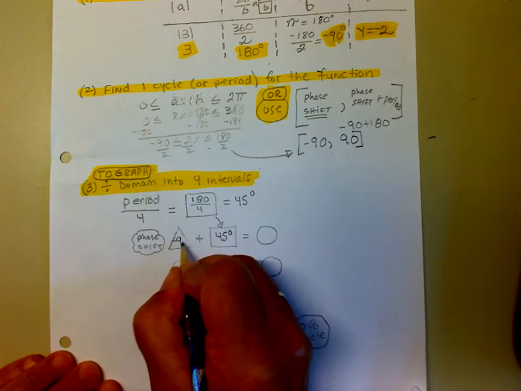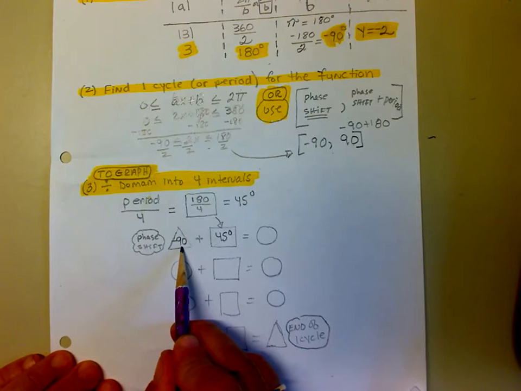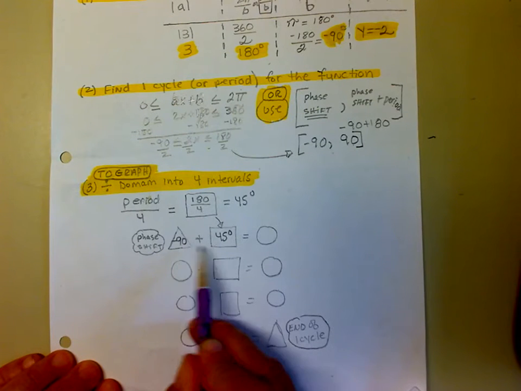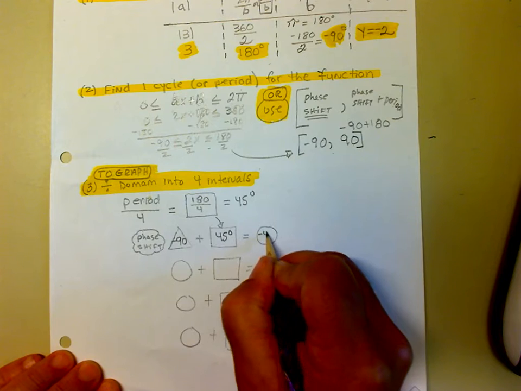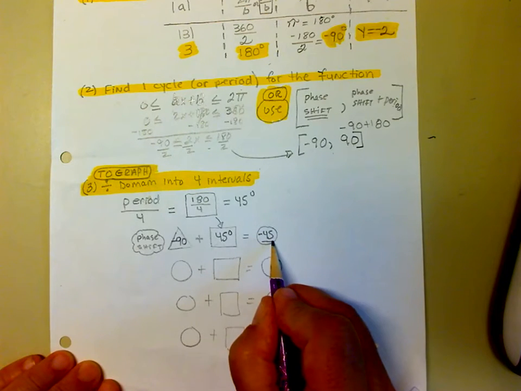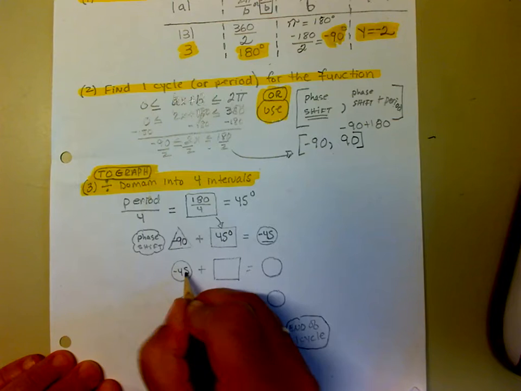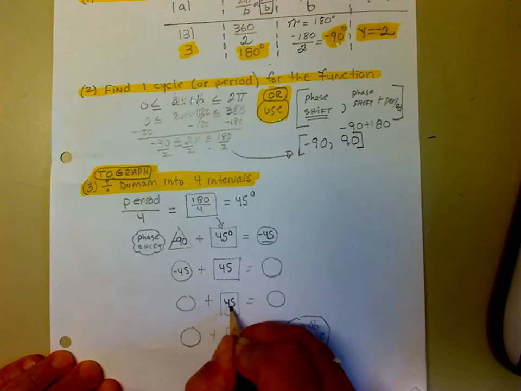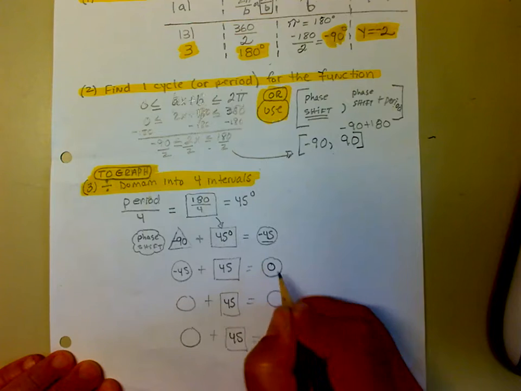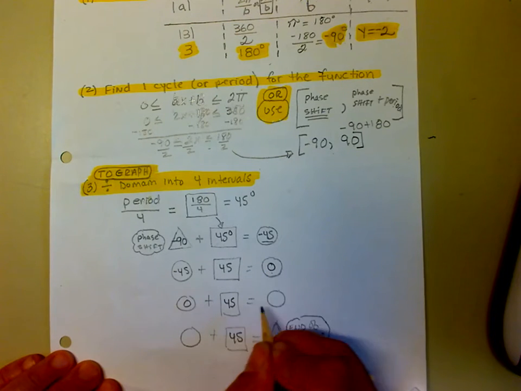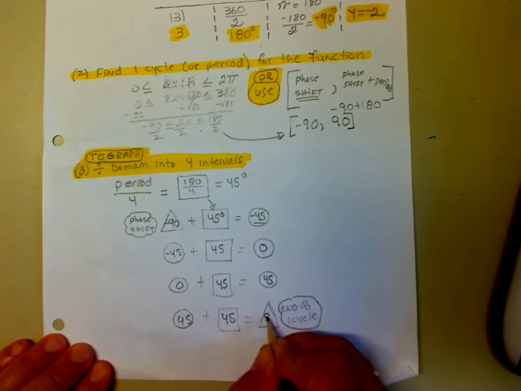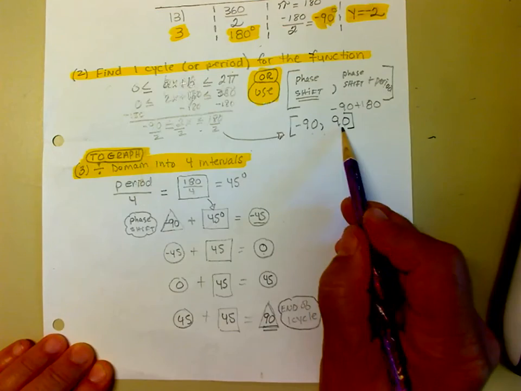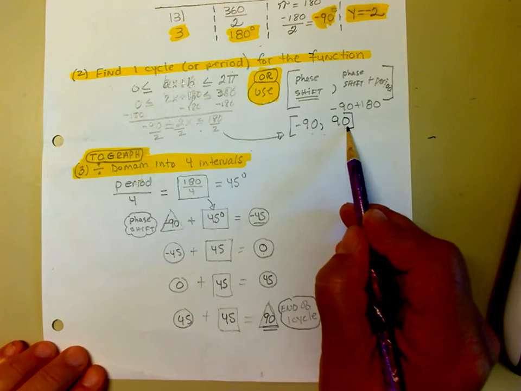It will start at its phase shift, the horizontal translation, and add 45, so it's just a simple calculation. So the next value will be at negative 45, and let's just keep adding 45. The next value will be at 0, 45, and last we should end at 90, just like the cycle indicates.